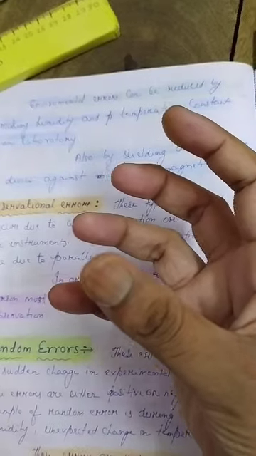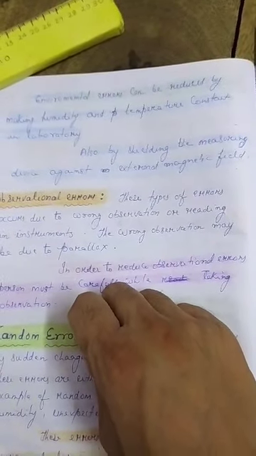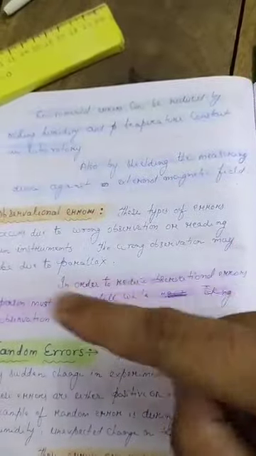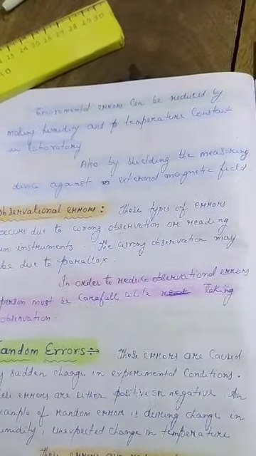I said in the laboratory there will be magnetic field effect also, and that is also environmental error. So if we put a shield around the measuring device, that is protection, so that the magnetic field does not reach your measuring device. This way you can remove the environmental error.